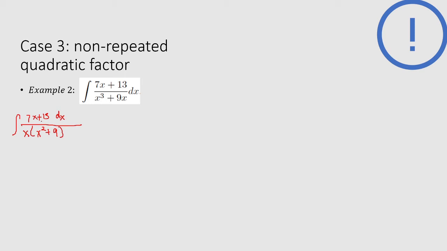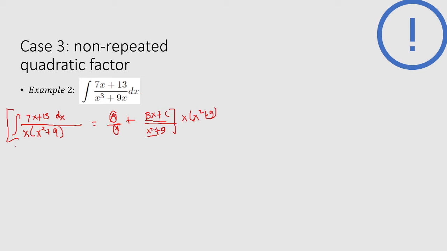So therefore, this is A all over x plus Bx plus C all over x squared plus 9. So take note, Bx plus C po siya pag quadratic. Okay? So pag linear, it's only kanang coefficient A. Multiply both sides with x times x squared plus 9.